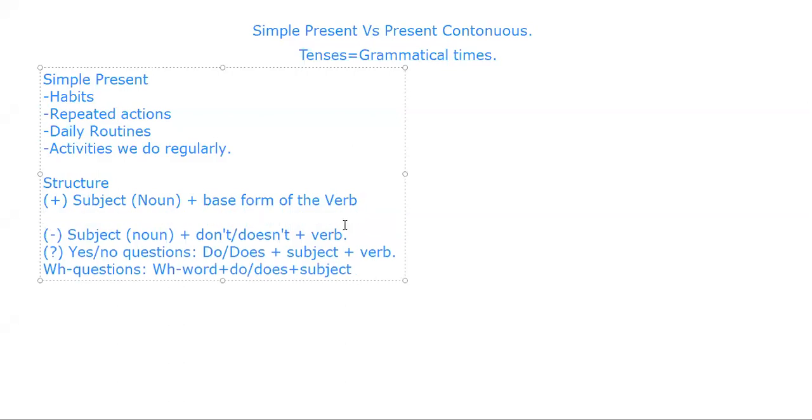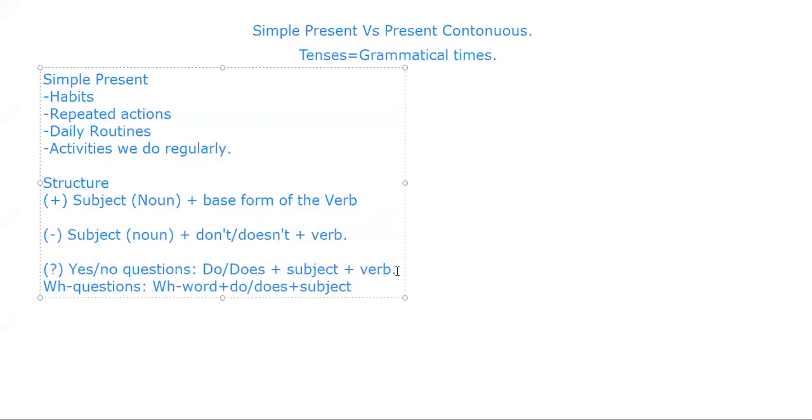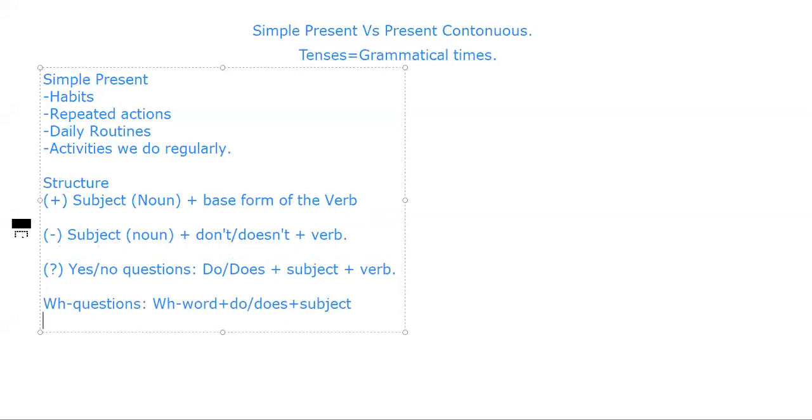Let me give you some examples, each one next to it, like under it. For example, I dance, you swim, they run. I don't know, she doesn't sing at all.